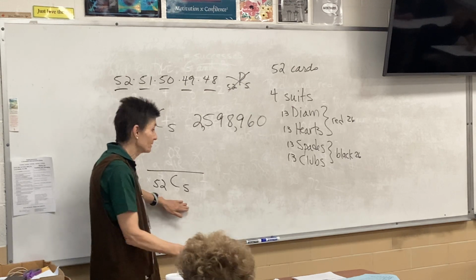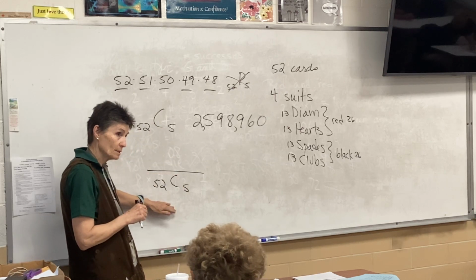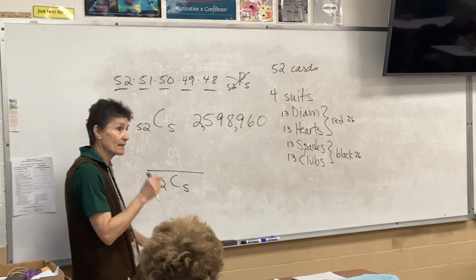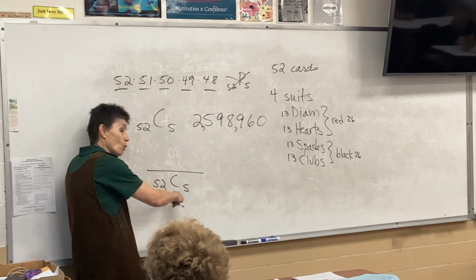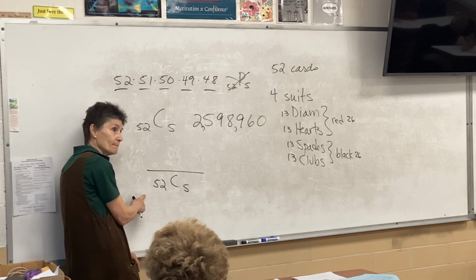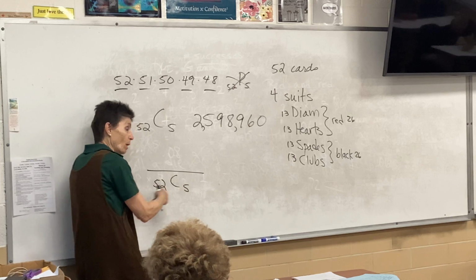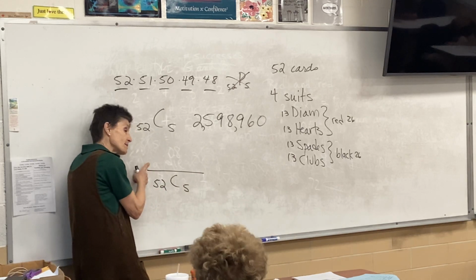Remember, probability is what you want over the total. So the denominator is going to be the total number of hands, which is that huge number we just came up with. Okay? Now what goes in the top?